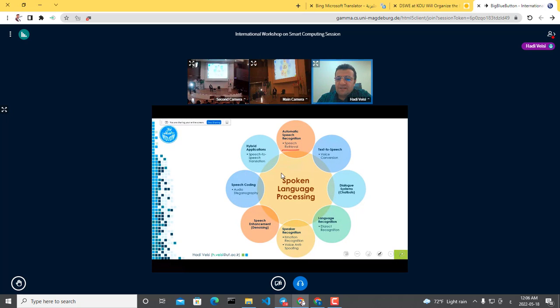Another application is text-to-speech, which aims to convert text into natural speech. Another related technology is voice conversion, which means we convert someone's voice to another one. Also, chatbots, dialogue systems, and digital assistants are other applications of these technologies.